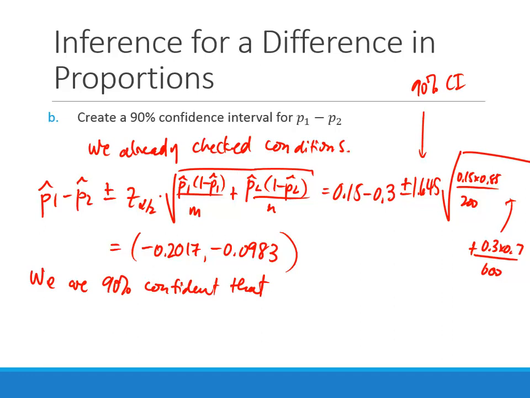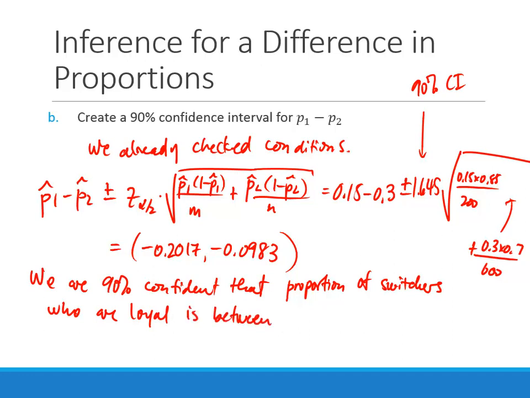So I'm 90% confident that the proportion, let's say, of switchers who are loyal is between about 9.8% and about 20.2% higher for the group that did not switch because of inducement.